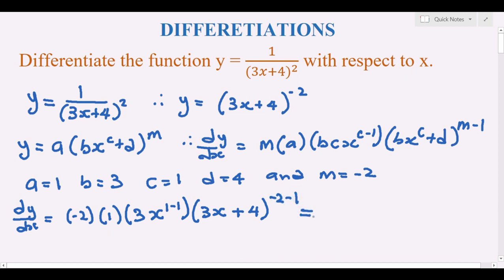So this will give us minus 2 times 1 times 3, which is minus 6. x raised to the power 0 will give us 1. Minus 6 times 1 is minus 6 into (3x plus 4) raised to the power minus 3.